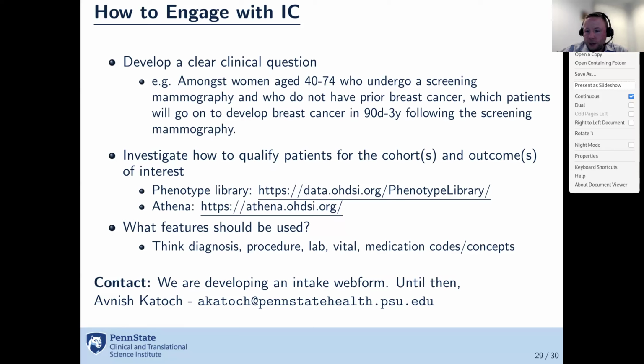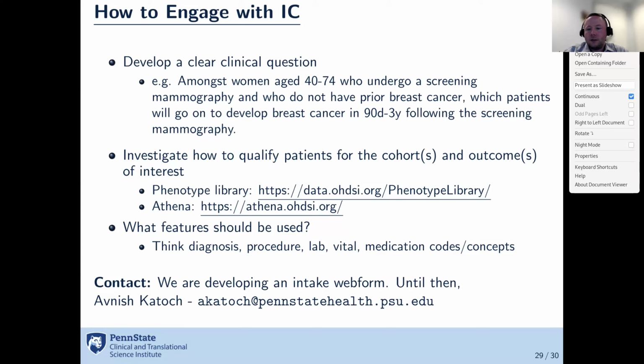So there's a phenotype library that is actively being developed all the time to have standard ways to qualify patients for different conditions, outcomes, and also this link to Athena. So Athena is a graphical view into the OMOP or the Odyssey vocabulary.